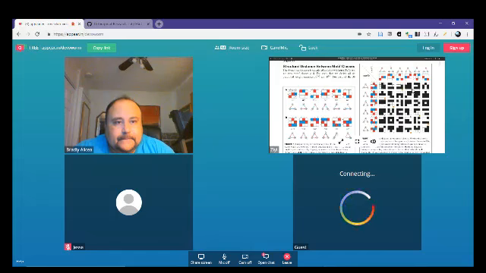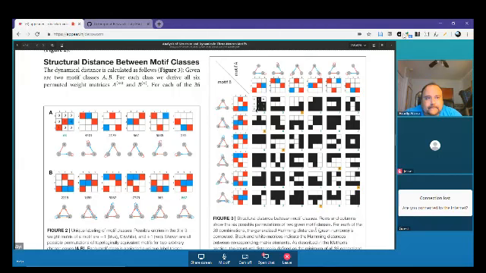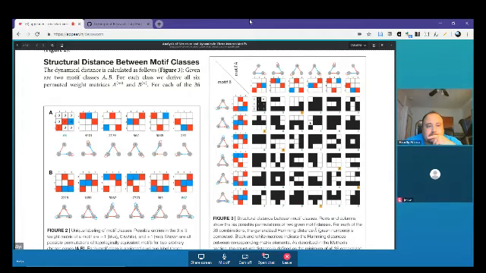Say the basic structure of the network. And then they define 2 kinds of distances. First is structural distance. So look at the examples here. The structural distance is simply the number of different sites between two neural networks. And the structural distance of a motif is just the minimum of all of these structural distances.